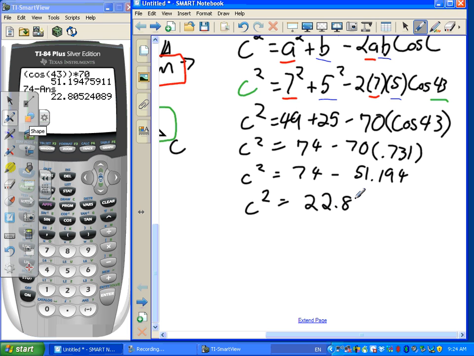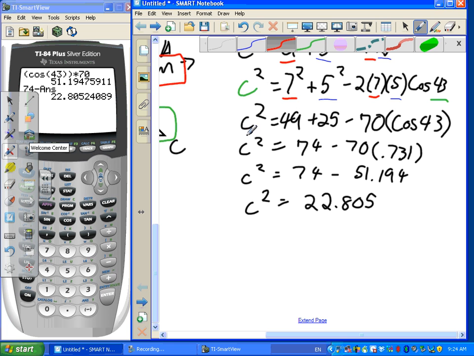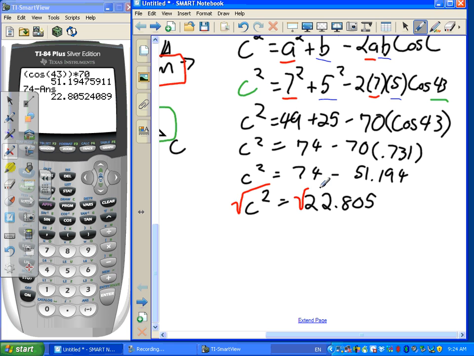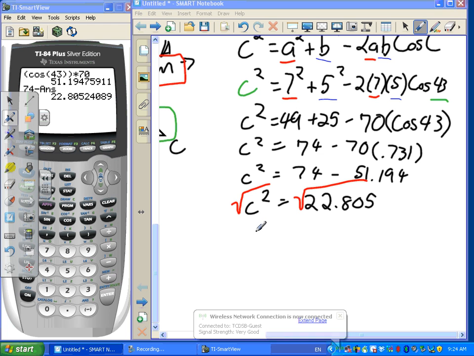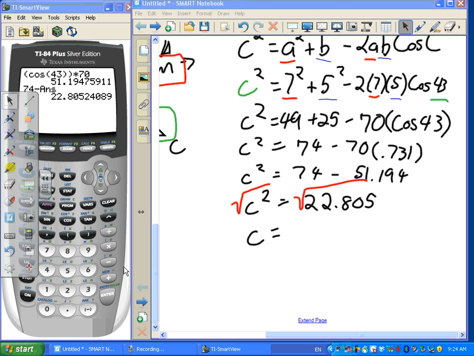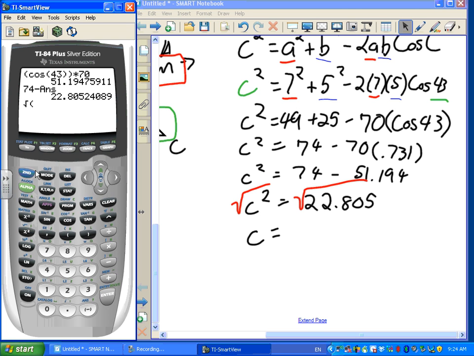22.805. And finally, I'm not just looking for C squared. I need to find C. So I need to square root both sides of this equation to solve for C. So in the end, that C will equal the square root of the answer above, which equals 4.77.